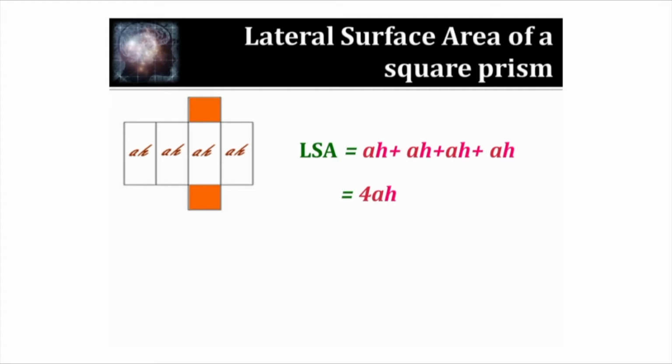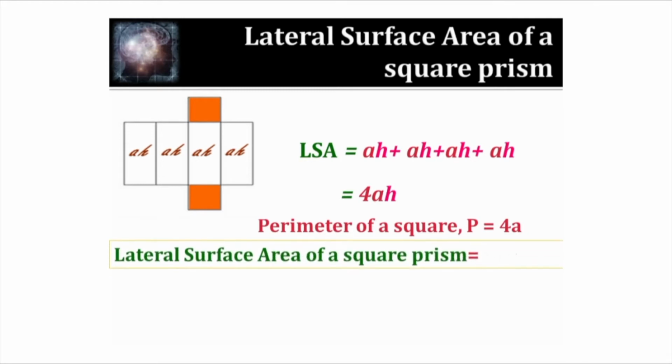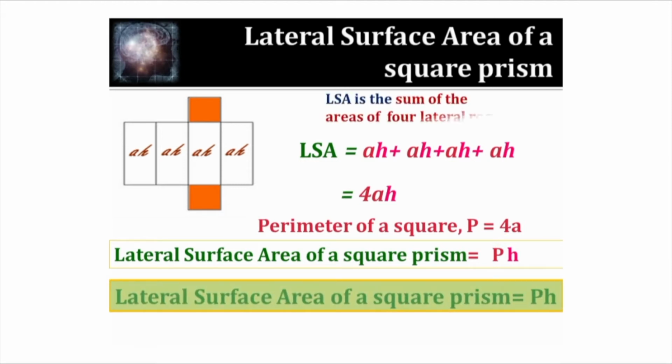Therefore, LSA is equal to 4AH. What is 4A? 4A is the perimeter of a square. So, lateral surface area of a square prism will be equal to 4AH. Here we can write P instead of 4A. So, the formula for lateral surface area of a square prism will be equal to PH.